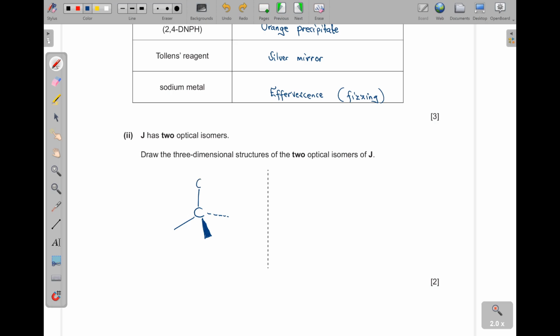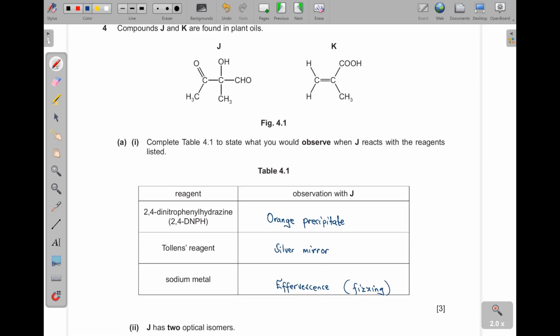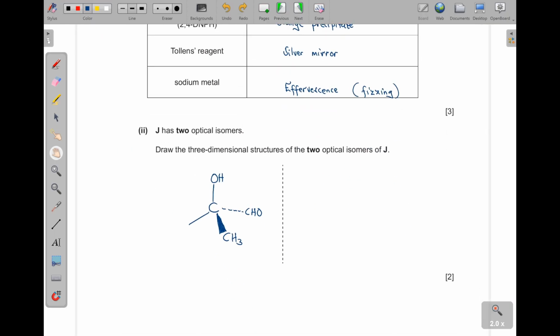Now, it doesn't matter which group you put where. So I can decide to put an OH here. Then I put the CHO here. I can have a CH3 here. Then the other one is the ketone, COCH3. So I can put here the COCH3 like that.